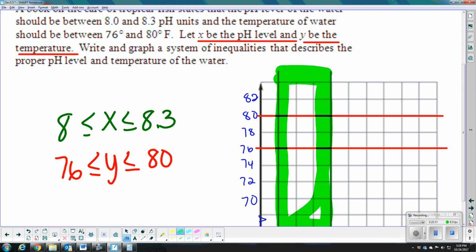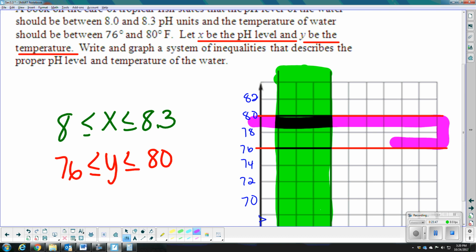So it's greater than 8, but less than 8.3. And for the y values, the temperature, it has to be greater than 76 and less than 80.